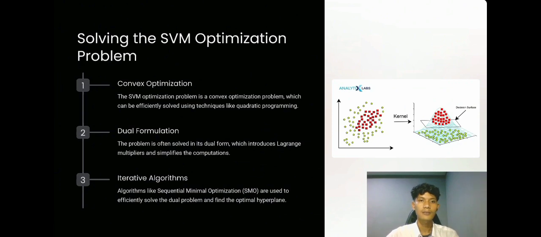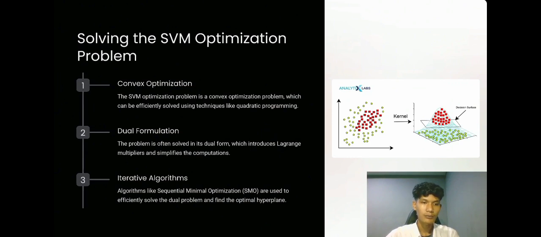Solving the SVM optimization problem. Number 1, convex optimization. The SVM optimization problem is a convex optimization problem, which can be efficiently solved using techniques like quadratic programming. Number 2, dual formulation.